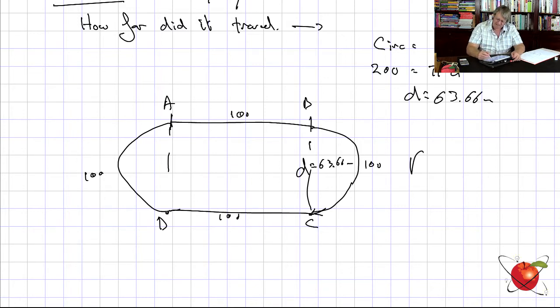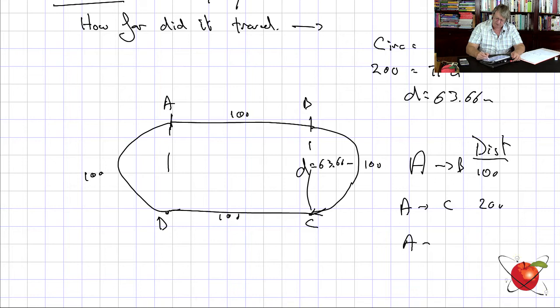So from A to B is a distance of 100. From A to C, 200. From A to D is going to be 300. From A back to A is 400.